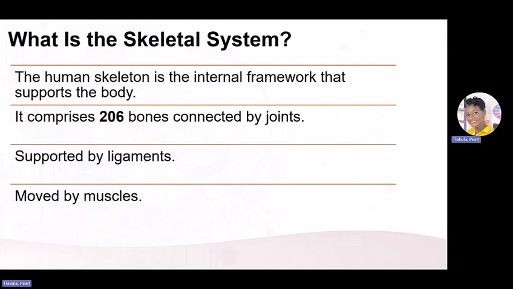Did you get that? The human skeleton is the internal framework that supports the body. It comprises 206 bones connected by joints, supported by ligaments, and moved by muscles.